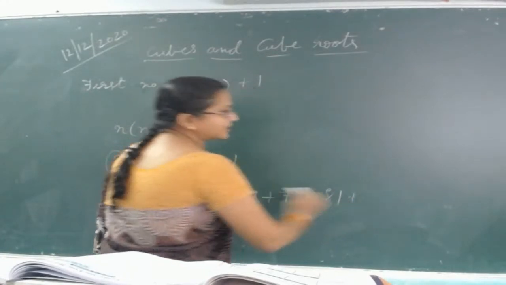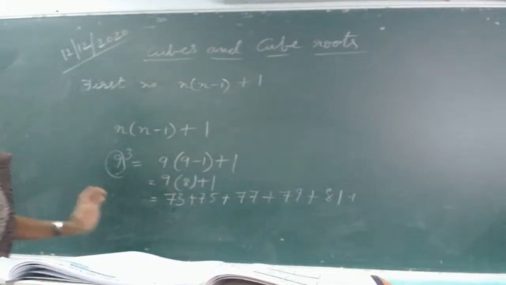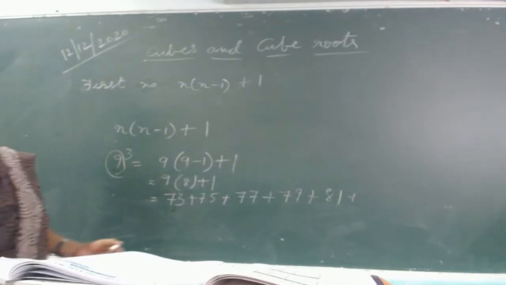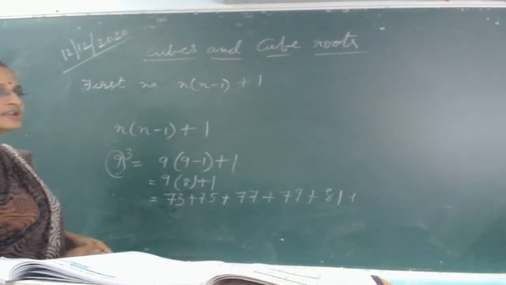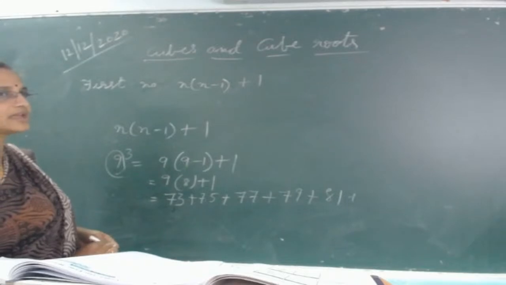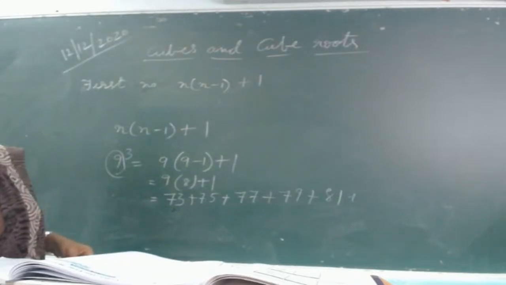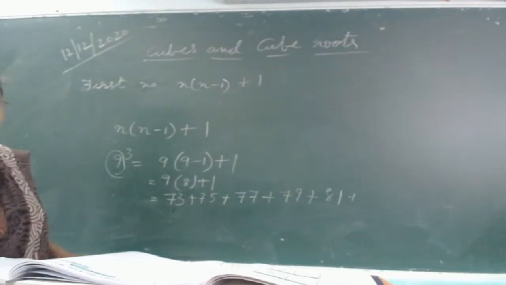In that way you have to take 9 odd numbers and add them. Then you will get the value of the 9 cube. Understand or not? 9 9s are 81, 81 into 9, 9 1s are 9, 72. 729 should be your answer.